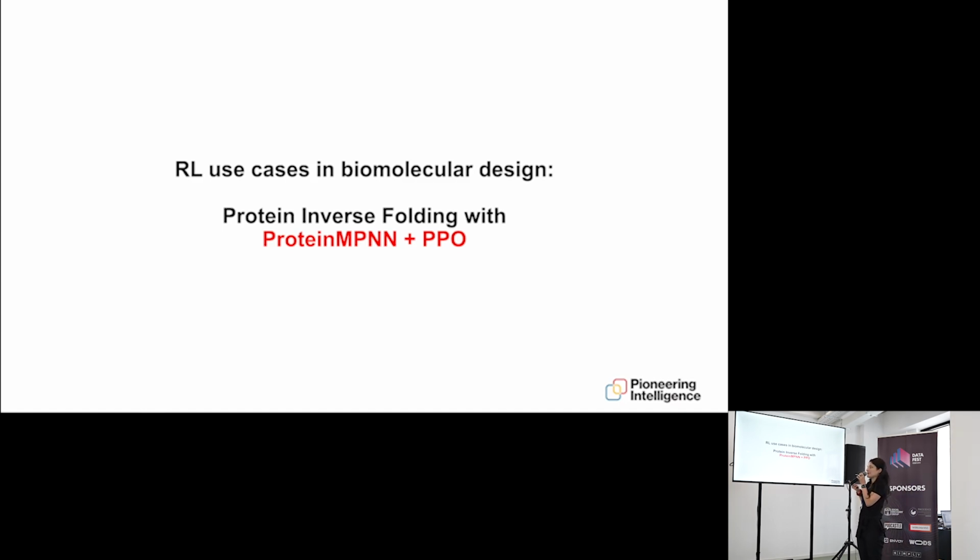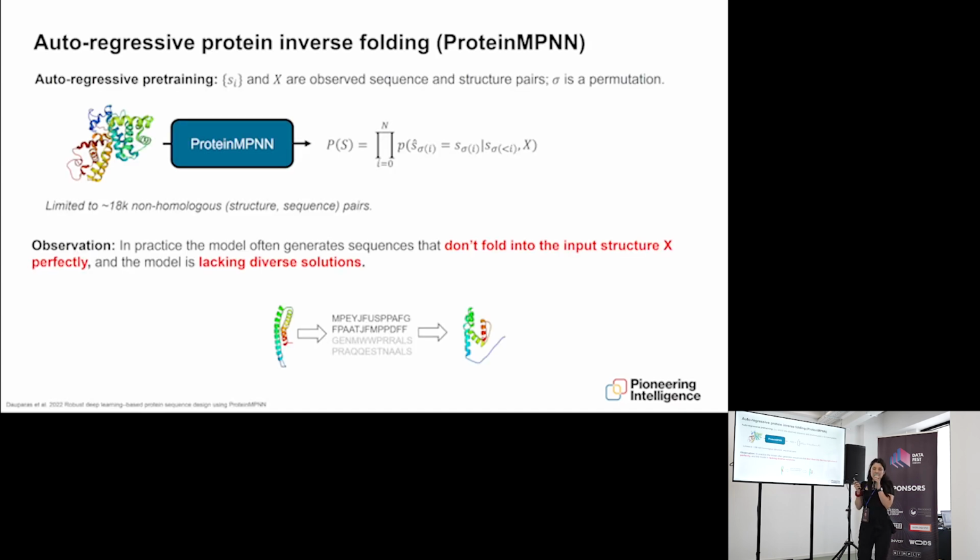We're going to do protein inverse folding with ProteinMPNN and PPO. I chose ProteinMPNN because for protein designers it's like a go-to inverse folding model. It has become very popular. It comes out of David Baker's lab. This is an autoregressive policy where your input is the structure, it's based on a graph neural network, and then you have autoregressive sampling in any order.